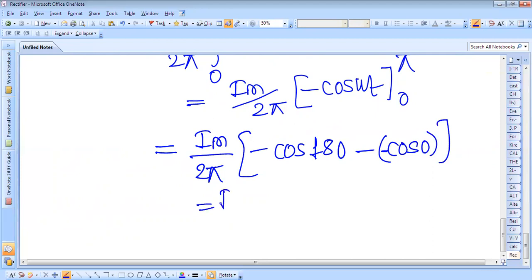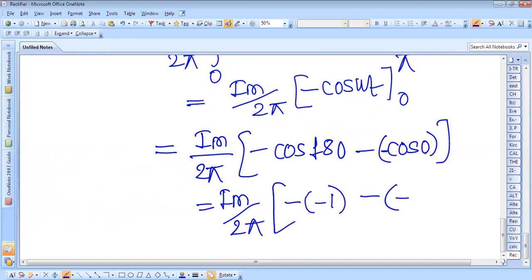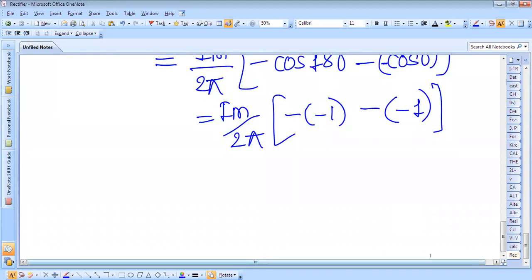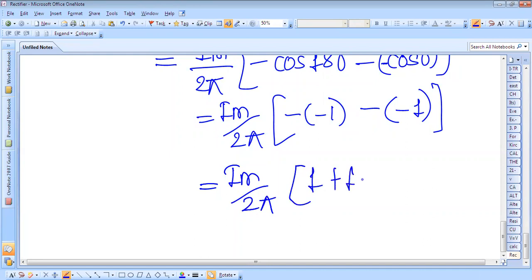Cos pi is minus 1, and minus cos 0 is minus 1, so we get Im by 2 pi times 1 plus 1, which is 2 times Im by 2 pi.